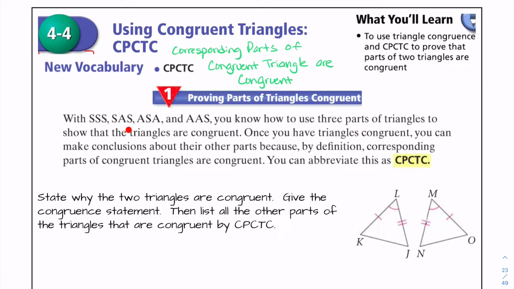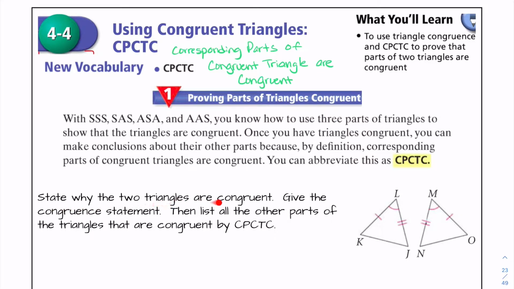With side, side, side, side, angle, side, angle, angle, side, as you know, you use 3 parts of the triangles to show that the triangles are congruent. Once you have triangles congruent, you can make conclusions about their other parts because by definition, corresponding parts of congruent triangles are congruent. You can abbreviate it as CPCTC.